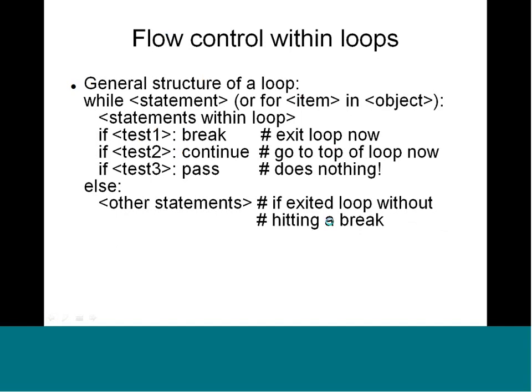So here is a much more complicated loop. While some statement, you can also define for some item in object. Now there are some statements, and then we do a test 1 and cause it to break. So when test 1 is true, it goes outside.